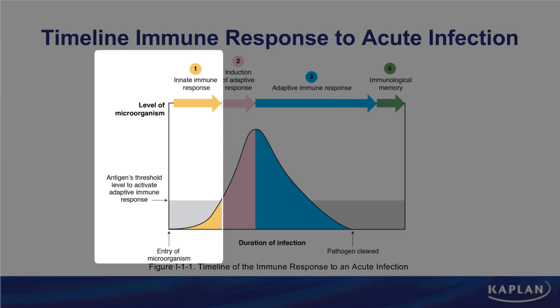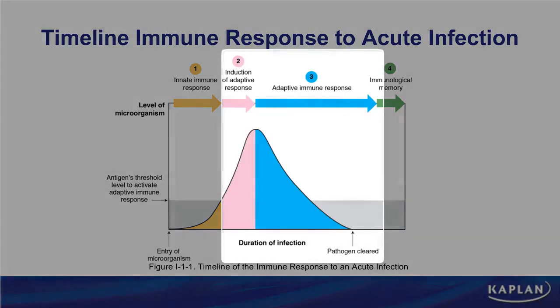Typically, the innate immune response is going to be able to contain and eliminate a pathogen all on its own. But in the cases where that pathogen increases its numbers to a certain threshold where the innate immune response is no longer able to contain the infection, the adaptive immune response is going to have to be engaged.